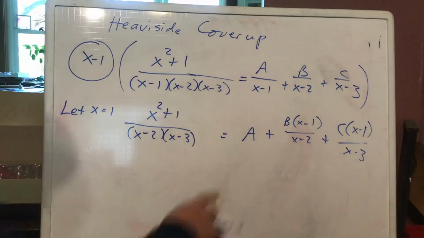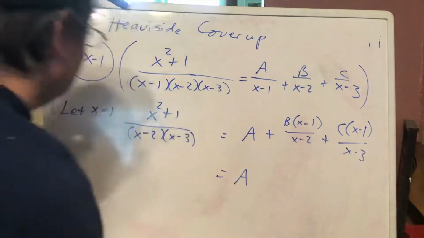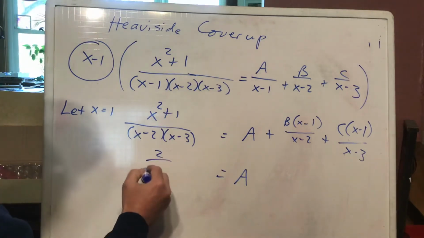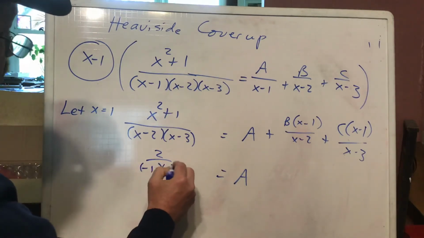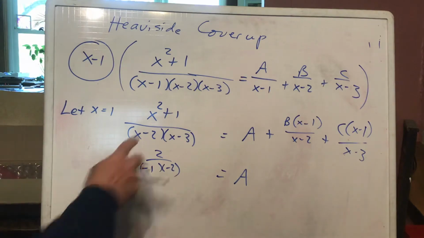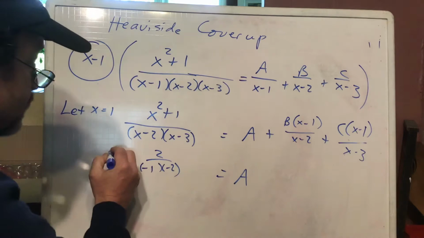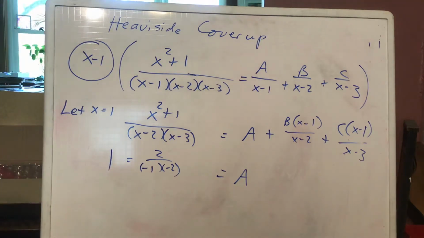And then all I have over here is a, and I let x be 1. I get 2 on the top, and minus 1 and minus 2 on the bottom, 1 minus 2 and 1 minus 1... that tells me that a is 2 over 2, which is just 1. And I determined a that quickly.